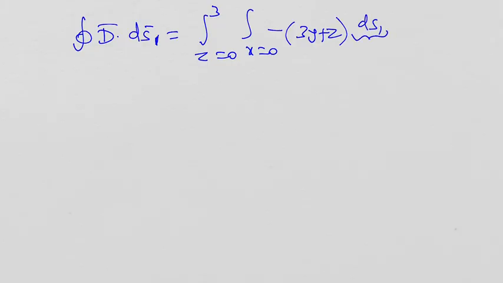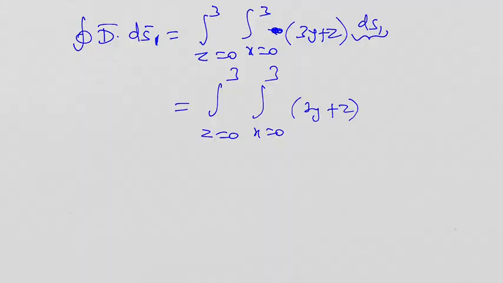What is ds1? ds1 is actually dx dz, x equal to 0 to 3, and the direction is minus ay, dot product.